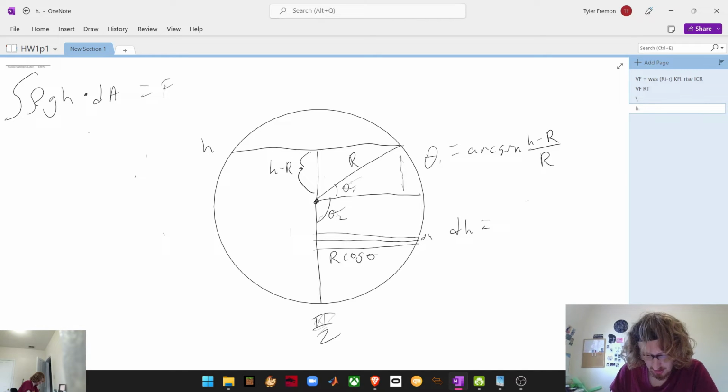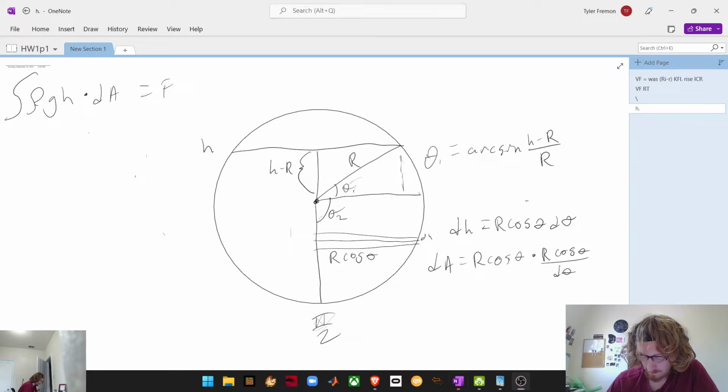So our dH is just going to be r cosine theta d theta. It's relatively simple. So in that case, our dA is going to be equal to our length, r cosine theta, over d theta.